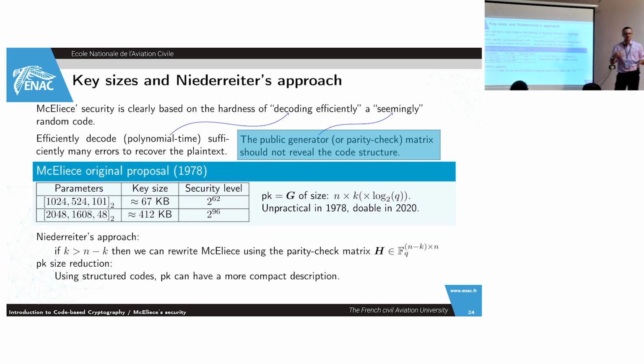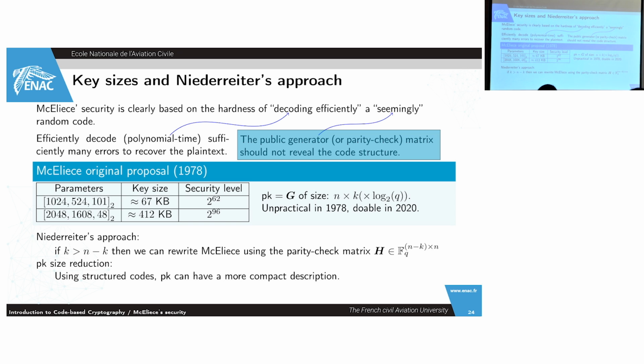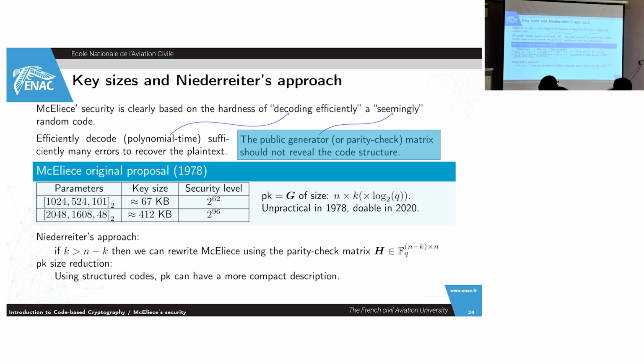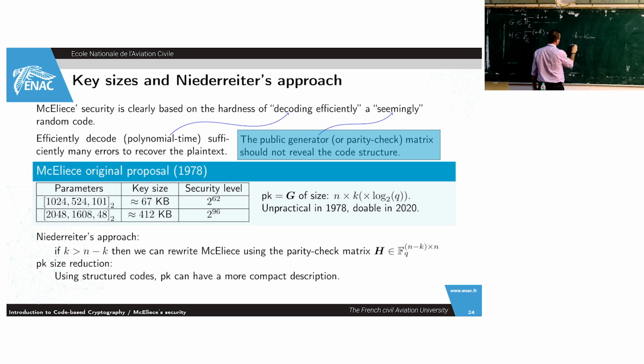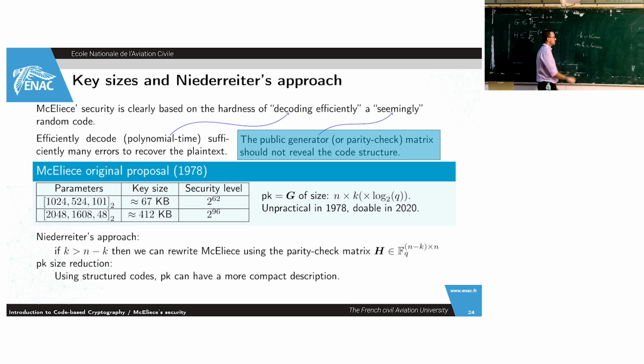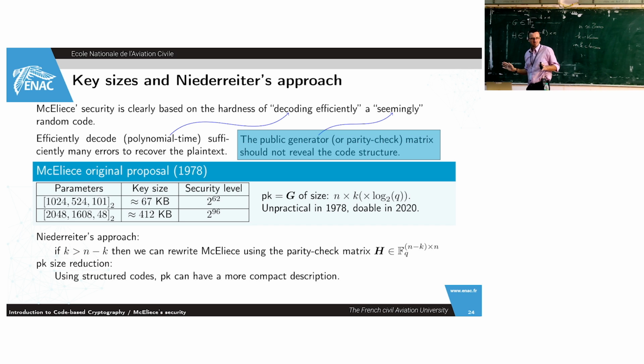Because here you have K, which is roughly 3/4 of N, and N minus K is roughly 1/4 of N, with N roughly equal to 2000. So yeah, it makes a lot of sense, right? You divide the key size by 4, and it's completely free.